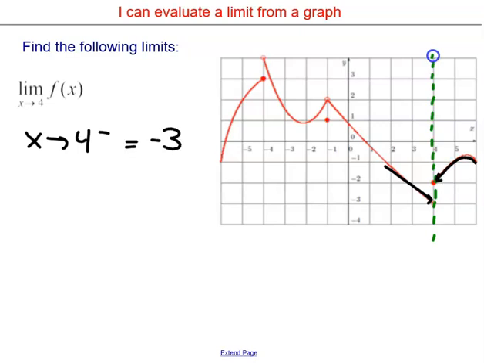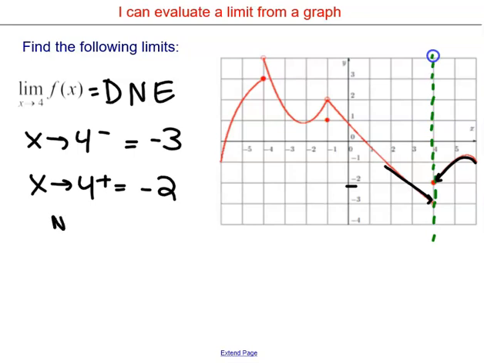As x approaches 4 from the right, it looks like y is -2. So this does not exist, because they're not coming together.